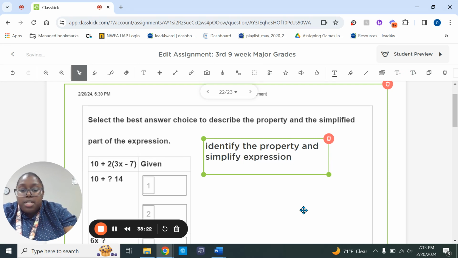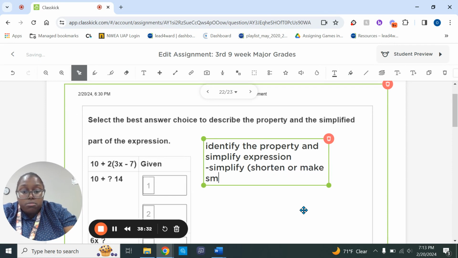Well, we already talked about what an expression is. What is simplify? Simplify is to shorten or make smaller. And when I say make smaller, I mean in value. Usually simplify, you'll see it with fractions, and you're making the numbers smaller. So you're not making the value smaller.